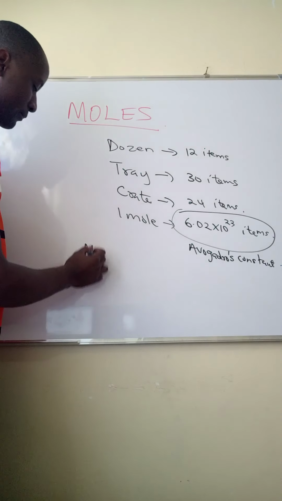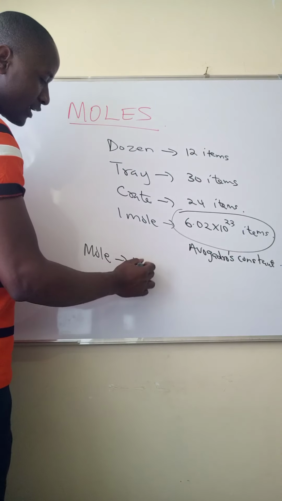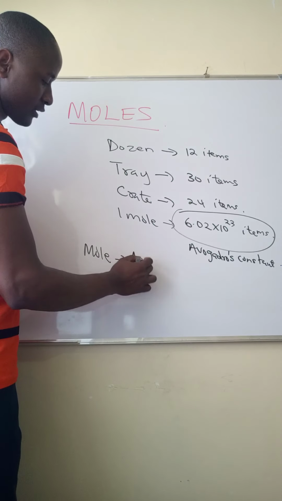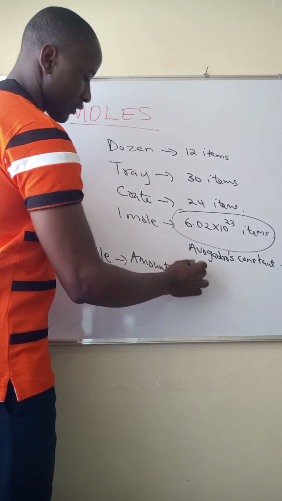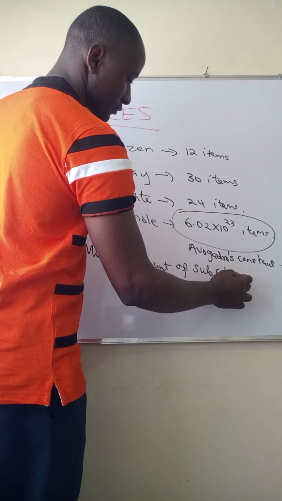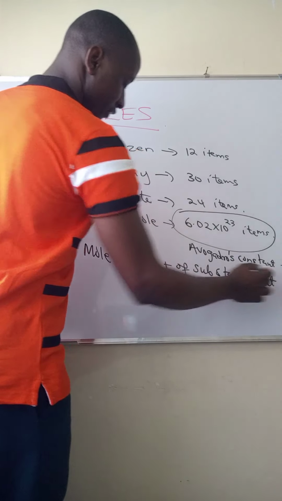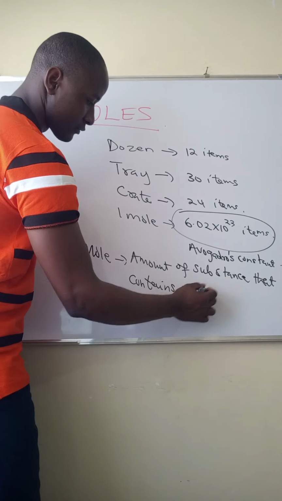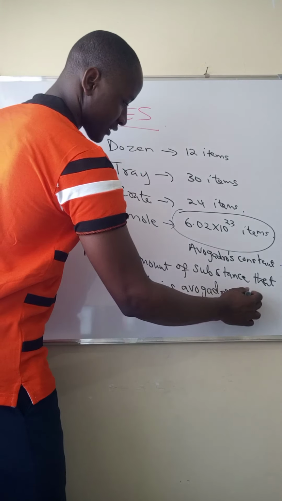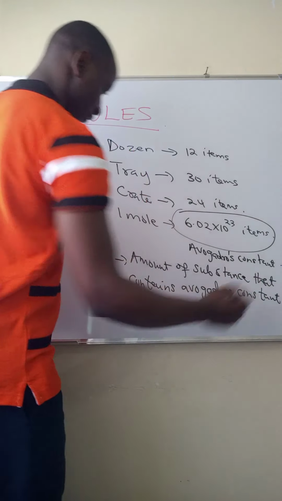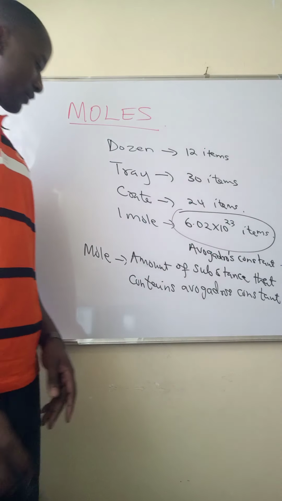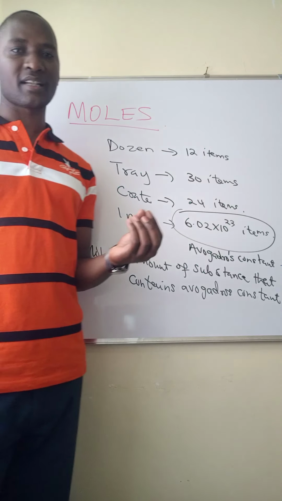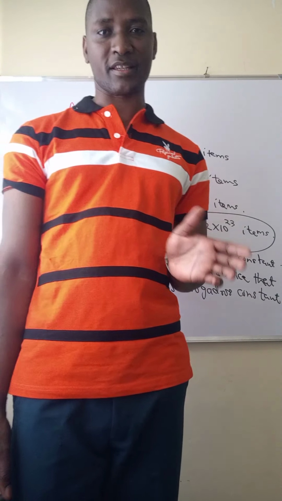Mole, it's amount of substance that contains Avogadro's constant. So mole is not something difficult. It is just amount of substance having a certain number of items in it.